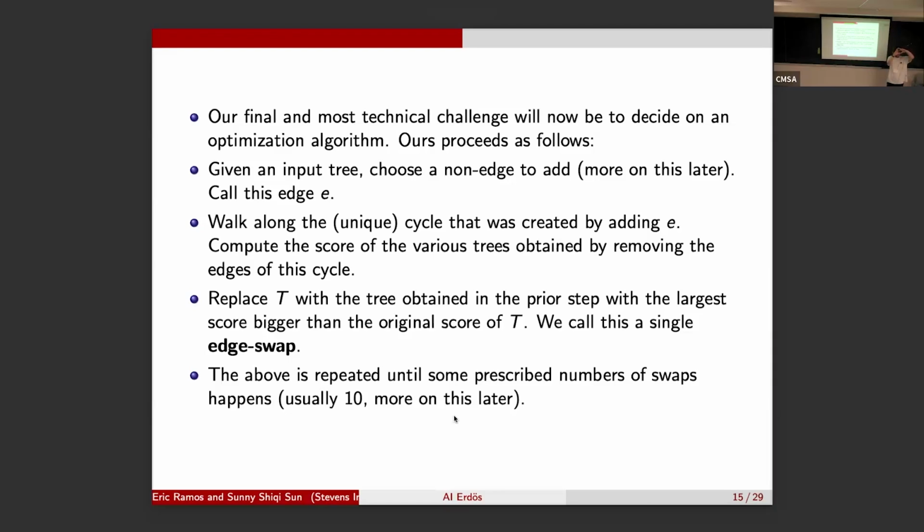That's considered a fail, and then you just try the next non-edge. So this is not monotonically increasing the score? Yes, I guess in theory you could try this for every single non-edge and never find anything that makes the score go up. That is in principle possible, but it's a failure mode that doesn't happen. Correct. Yeah.